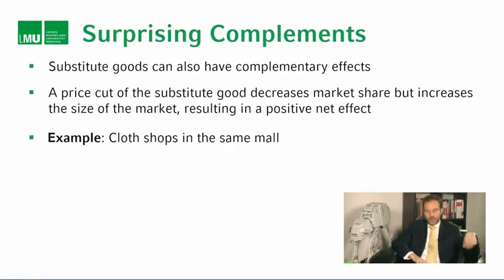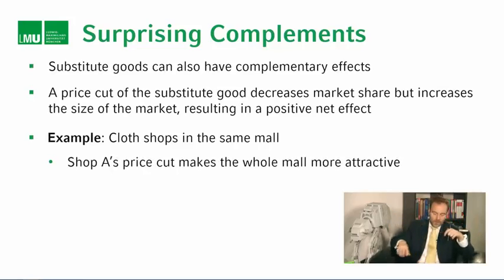So again, let me give you an example of this. If we have two cloth shops in the same mall, so you can buy all sorts of cloth, and shop A now initiates a price cut, that price cut is going to do two things. First of all, the people that went to the mall already might go to shop A rather than shop B because, relatively speaking, it has become cheaper. On the other hand, it also makes the whole mall more attractive.